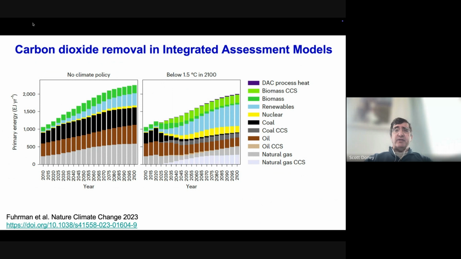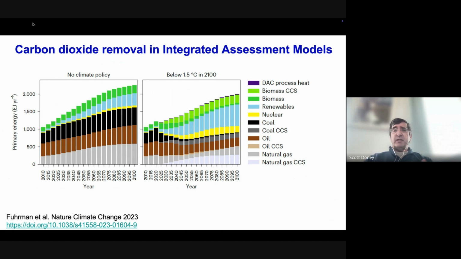So what does this look like? So here's just comparing primary energy use, where the left-hand panel is a no climate policy, and the right-hand panel is below 1.5 degrees Celsius with various carbon dioxide removal approaches applied. And what you see is that you have a large amount of decarbonization. You have significantly less primary energy use within the GCAM projections.